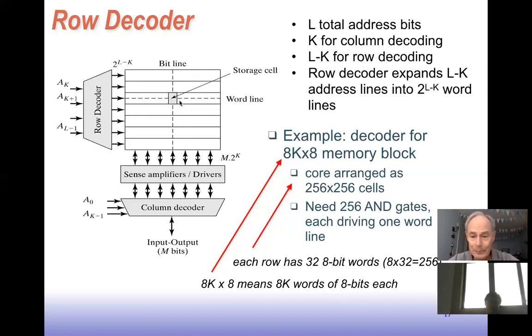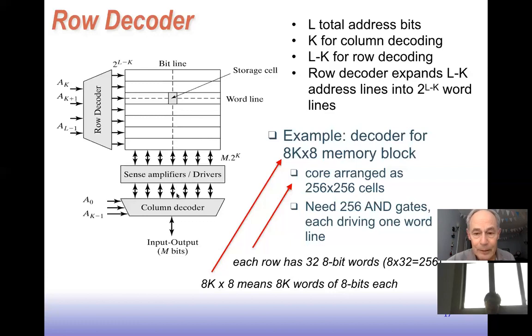I'll show you how we line them up later. But for now, imagine putting multiple words per row here. That would keep it kind of square because we'd have the same number of rows as we have columns. And if the bit cell were approximately square, that would make an approximately square cell array here. All right, so we'd end up with something like that.